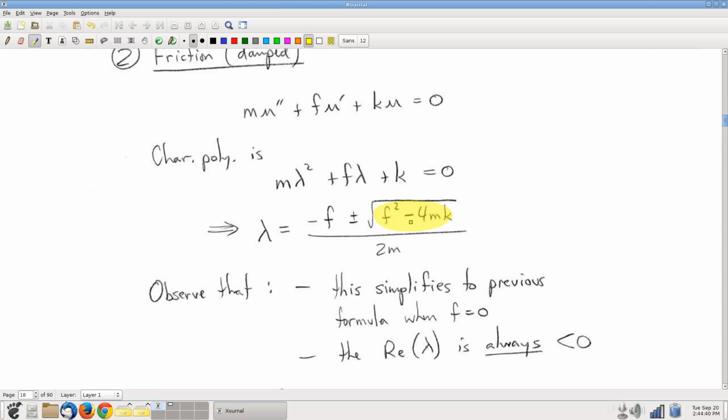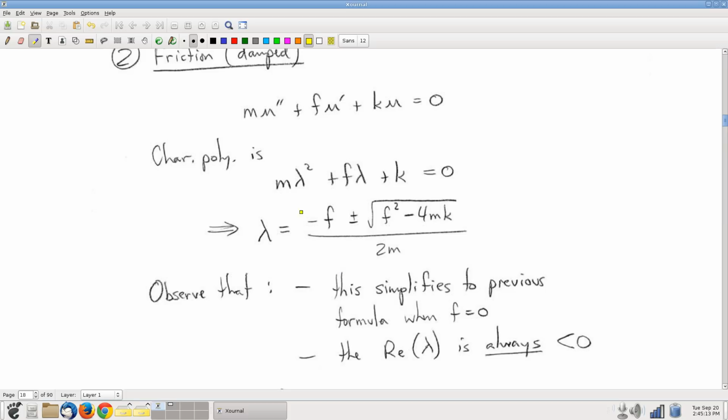That discriminant might be negative, in which case this is imaginary, and the real part, you can see right there, clearly negative, because, of course, f is positive, m is positive, and therefore that minus sign makes this real component actually negative. On the other hand, this discriminant here might be positive, in which case this square root is real.